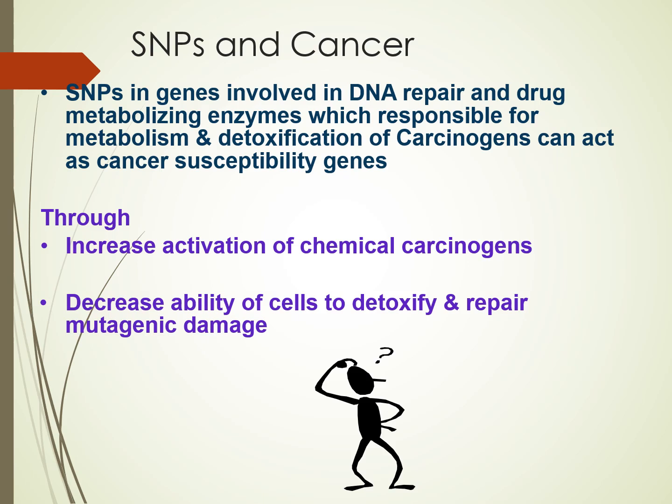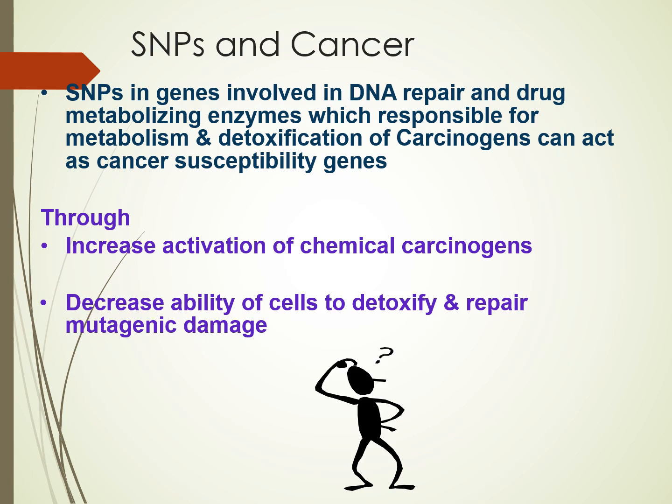Now suppose the single nucleotide polymorphism is present in the gene which is responsible for DNA repair. If that SNP results in a non-synonymous SNP where the function of that protein is getting changed, in that case the mutated DNA will not be repaired, and that may lead to cancer. Or if the SNP occurs in the gene coding for the drug metabolizing enzyme, that enzyme will no longer be functional.